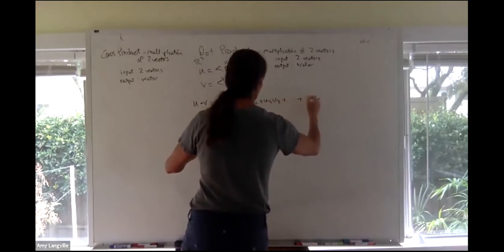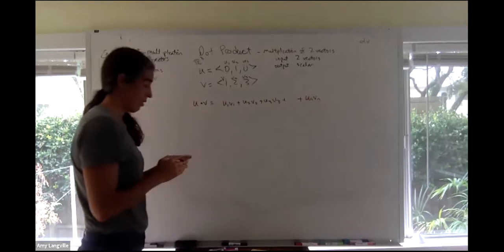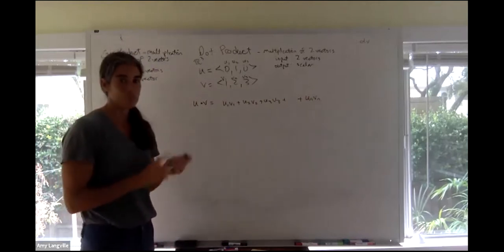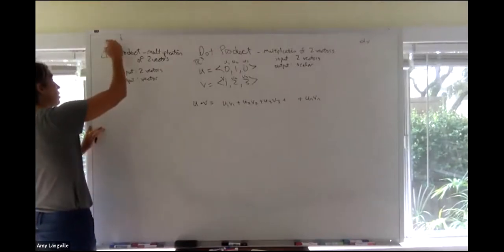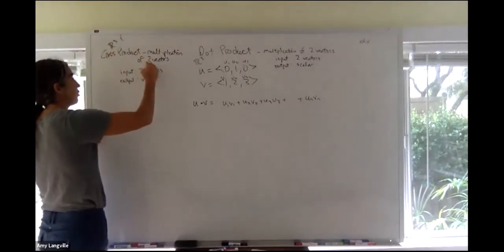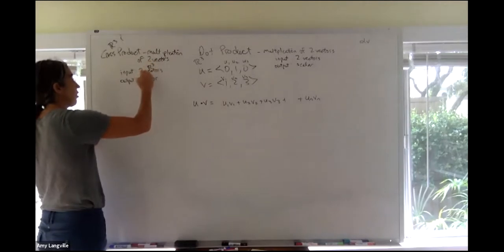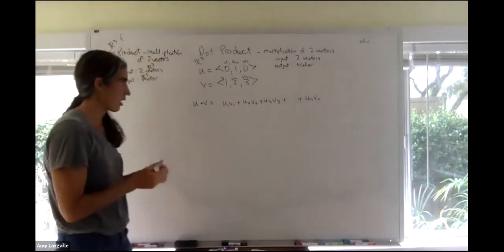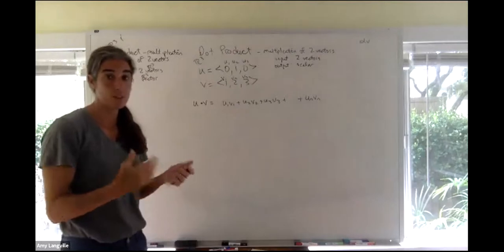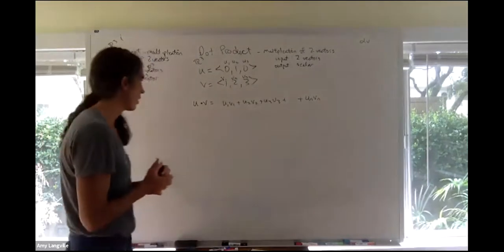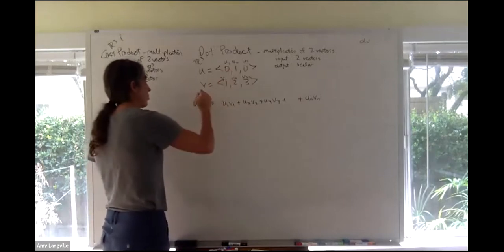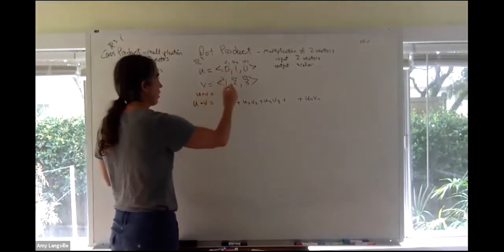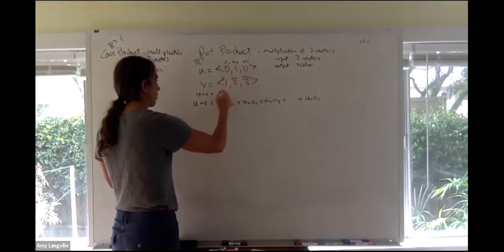So I can dot product vectors of any dimension. That's different though for the cross product. I can only do cross product for R3 vectors. I have to input two R3 vectors, and it'll output an R3 vector. Here I can do this for any n, which makes it very extensible. So for us then, u dot v for this particular example is just 0 times 1, 1 times 2, 0 times 3, add all those together, so we get a 2.